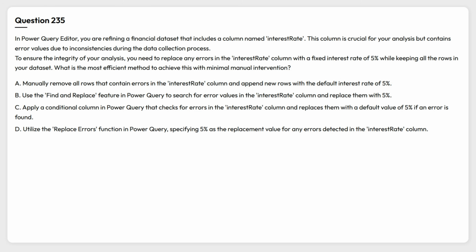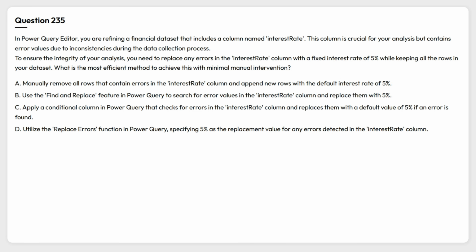Option A, manually remove all rows that contain errors in the interest rate column and append new rows with a default interest rate of 5%. Option B, use the find and replace feature in Power Query to search for error values in the interest rate column and replace them with 5%.